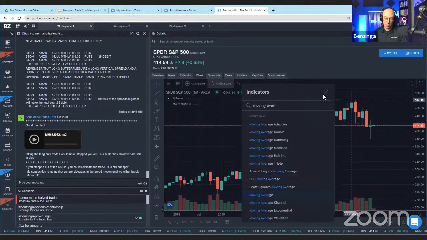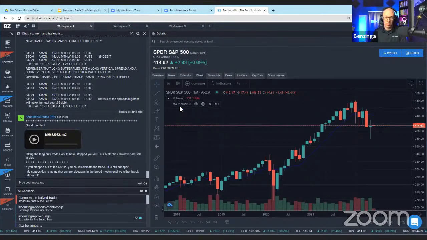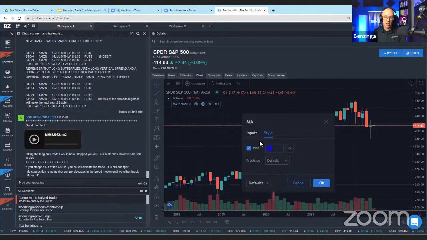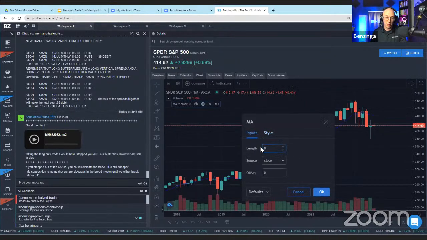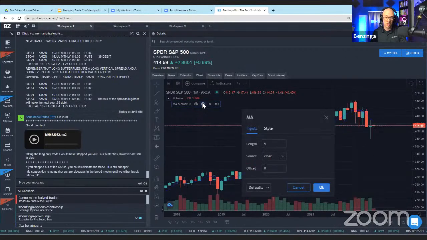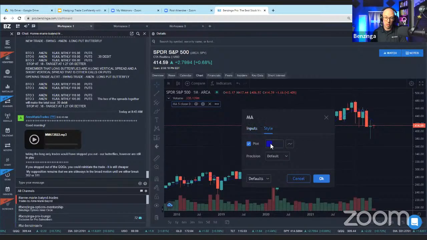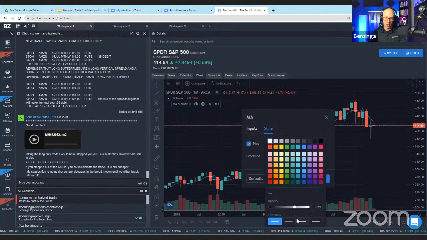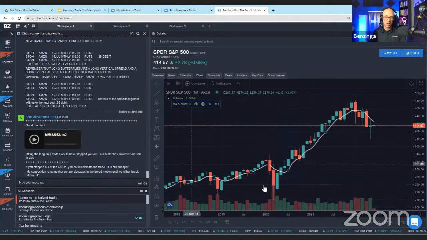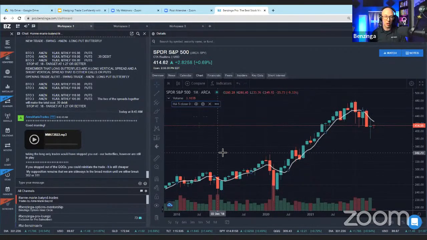Apparently we have lots of moving averages. There we go. So I've got a moving average, and I could change that to a 5 instead of a 9 if I want to do what Anne-Marie is doing. And I can change the way that looks with the style. Maybe I want to make that white a little bit brighter.